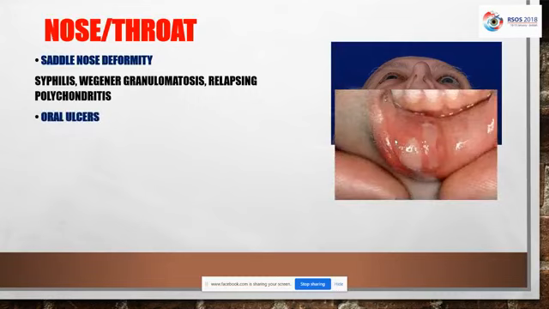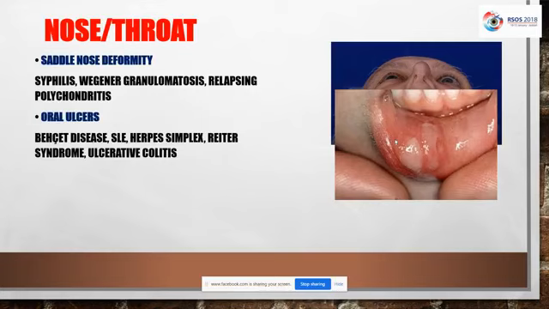The presence of oral ulcers is one of the very important signs of some diseases. It's not only Behçet disease; many categories of disease can present with oral ulcers. Behçet disease is one of them, but systemic lupus erythematosus can also present with oral ulcers. Also, herpes simplex, with vesicular eruption of the herpetic lesions, can present with oral ulcers. Reiter syndrome, with history of conjunctivitis and epididymitis, can present with oral ulcers.